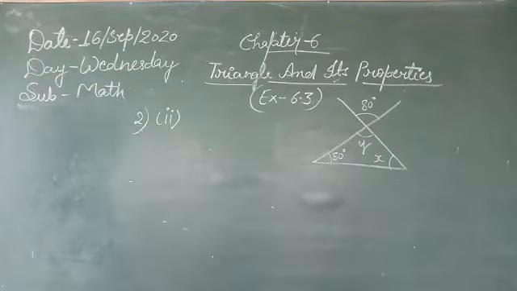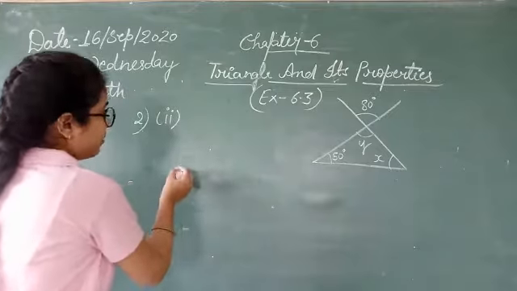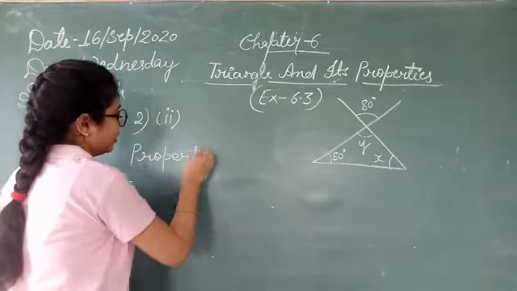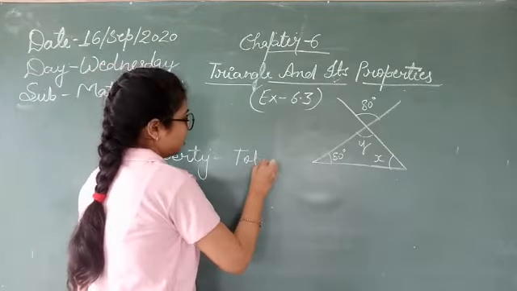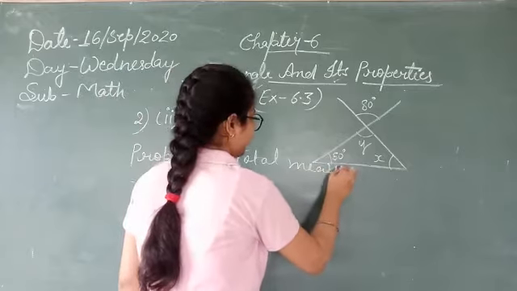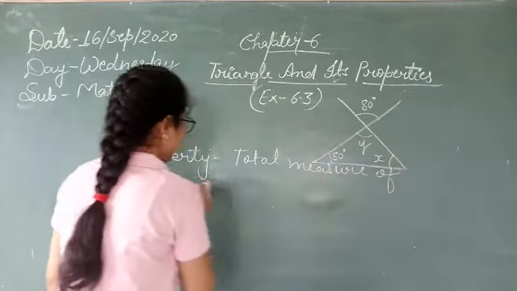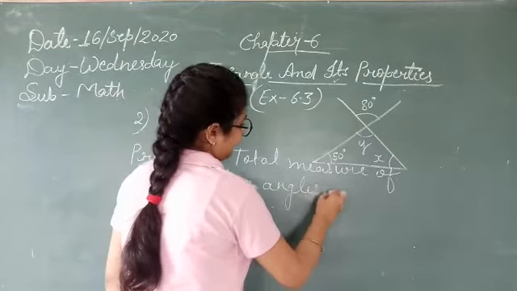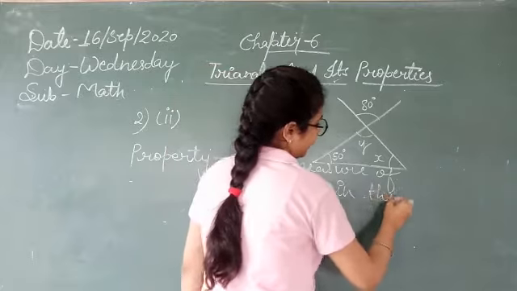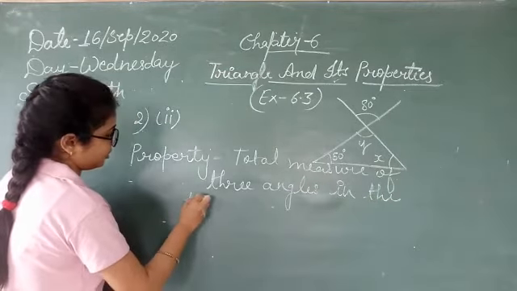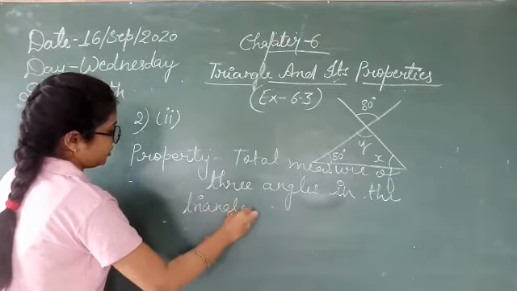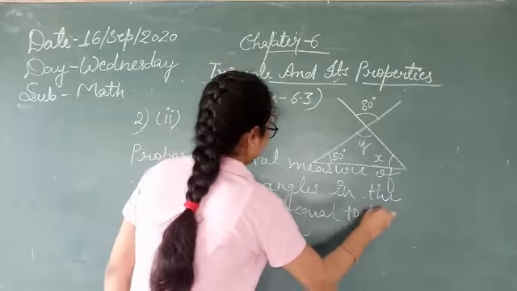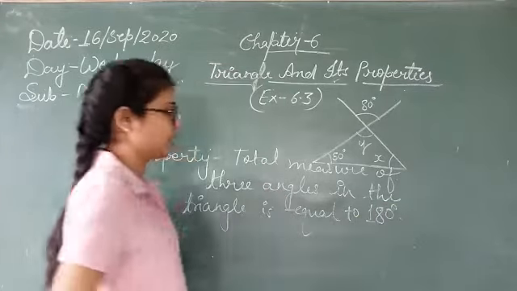The total measure of three angles in the triangle is equal to 180 degree. I am writing the property here. You know it already.